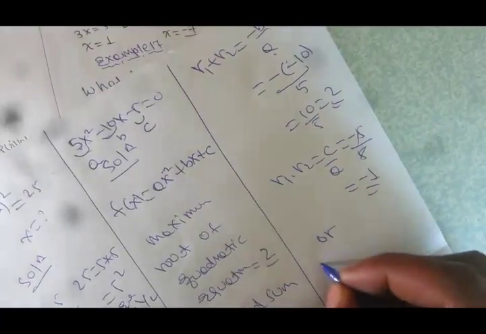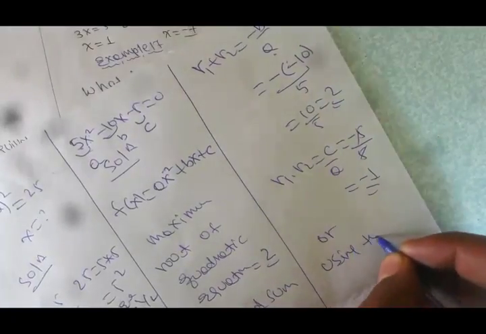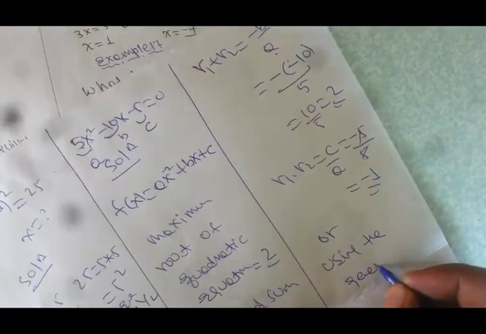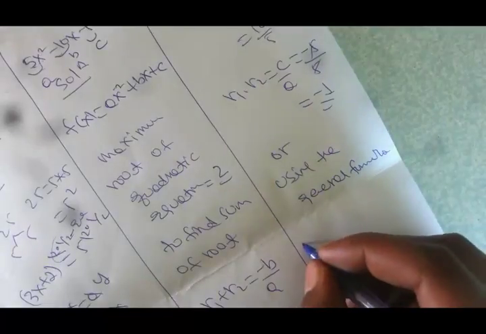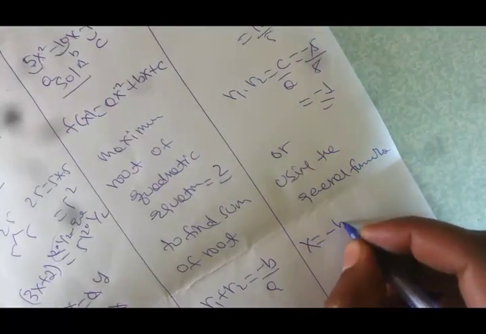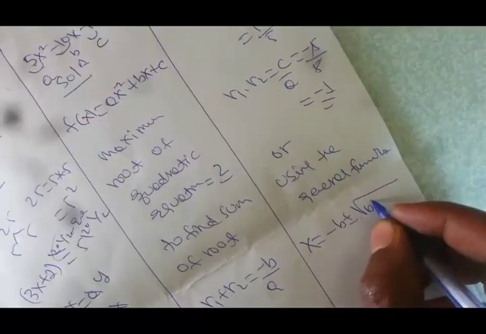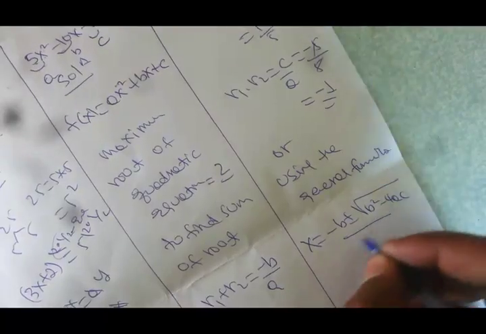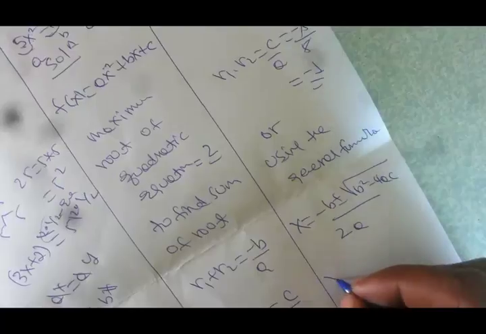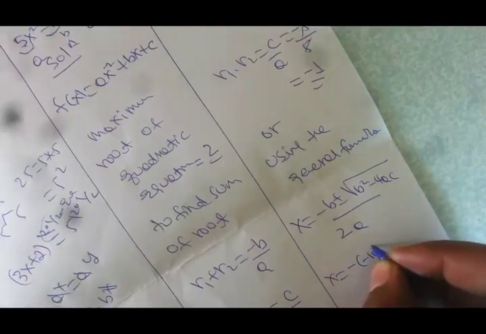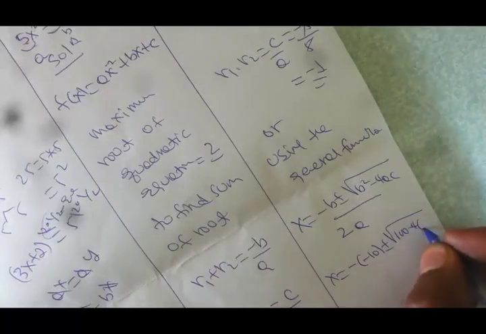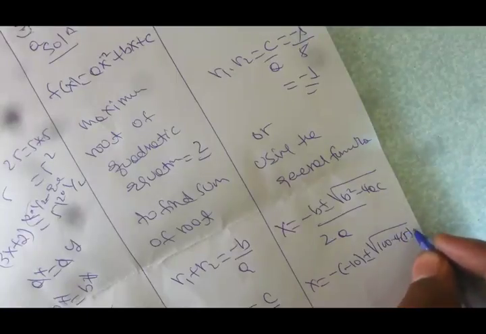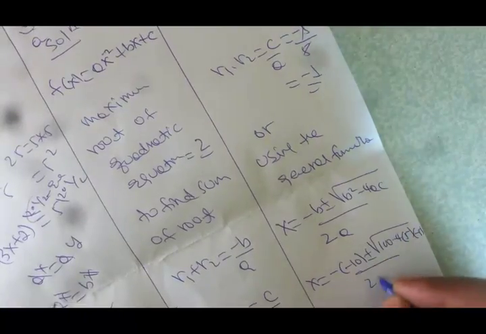Or using the general formula, that means the roots can be found by x equals minus b plus or minus the square root of b squared minus 4ac over 2a. Therefore, x is equal to minus of minus 10 plus or minus the square root of 100 minus 4 times the value of a, which is 5, and the value of c is minus 5, over 2 times 5.